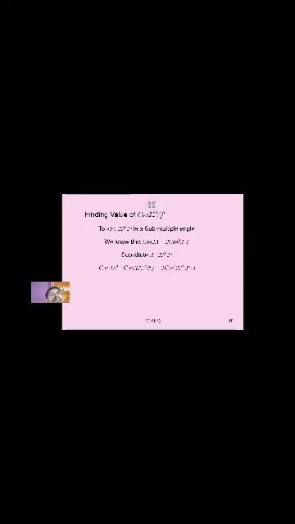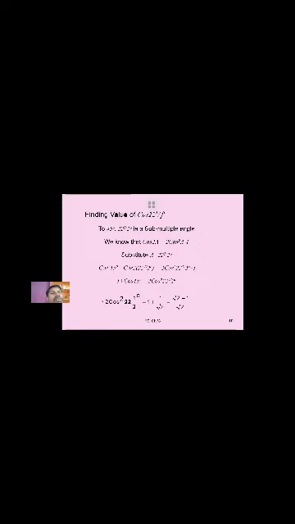Then cos 45 equals cos of 2 into 22.5 degrees, that is cos 2A means 2 cos square A minus 1. So we write 2 cos square of 22.5 degrees minus 1, that is 1 plus cos 45 equals 2 cos square 22.5.